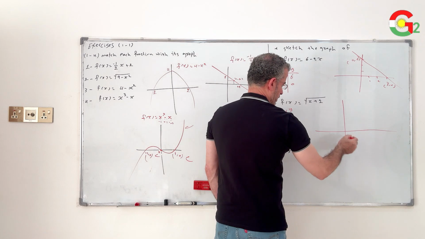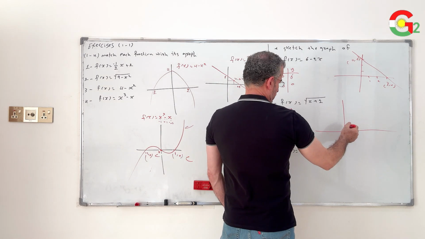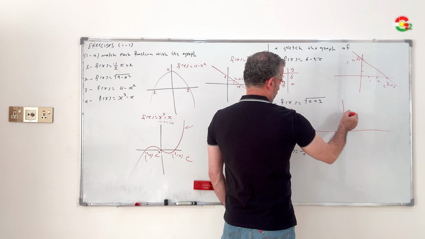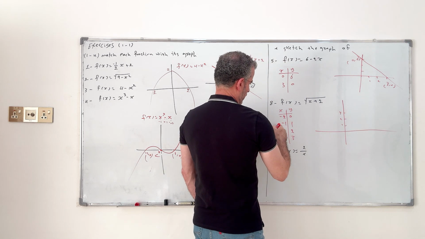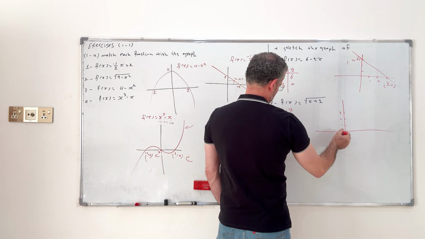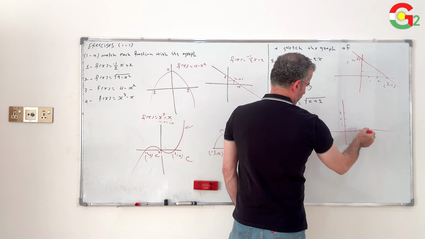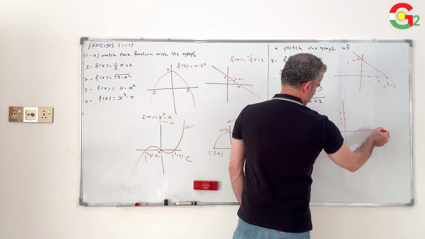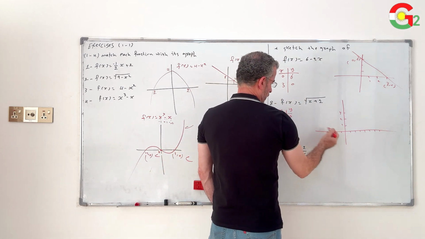4 points. 0 to 3, y. 1, 2, 3. And negative 2 to 7, negative 1, negative 2. 1, 2, 3, 4, 5, 6, 7. 0, negative 2.